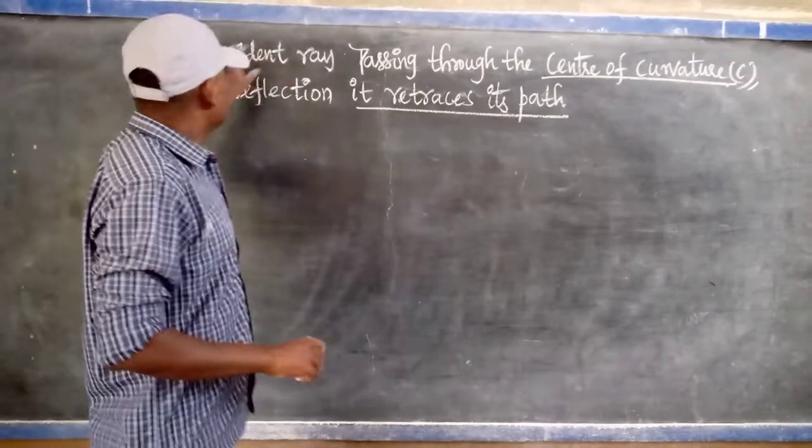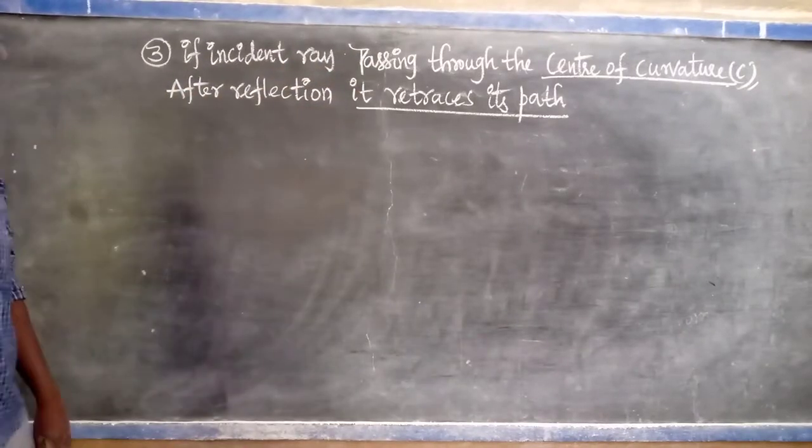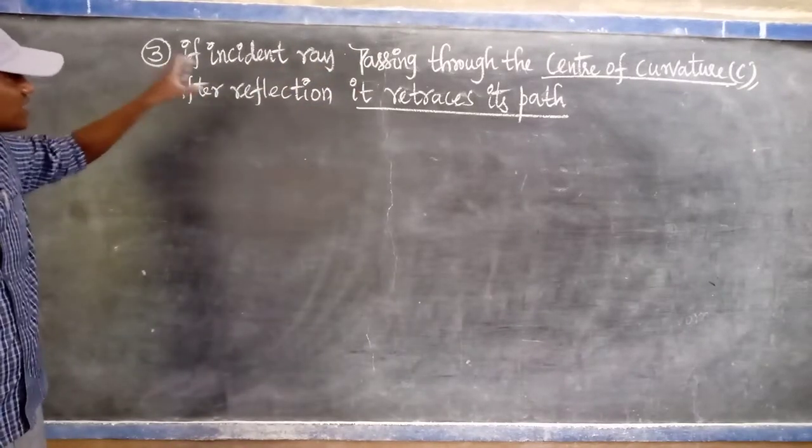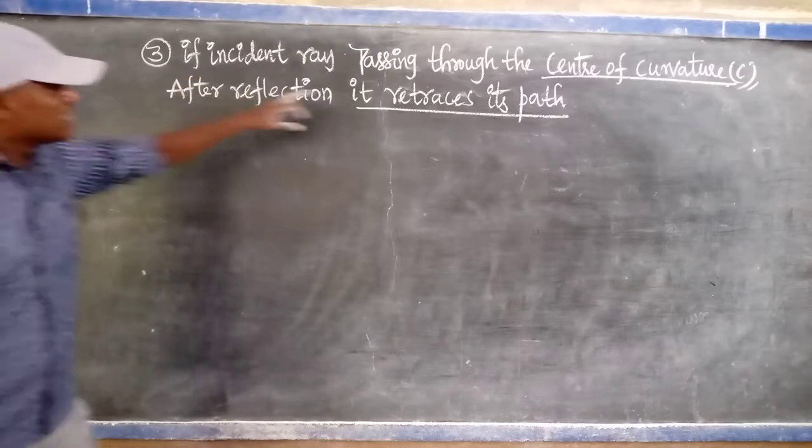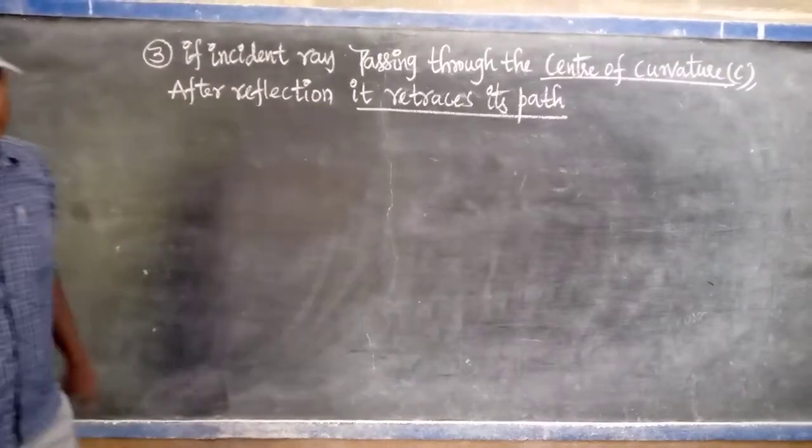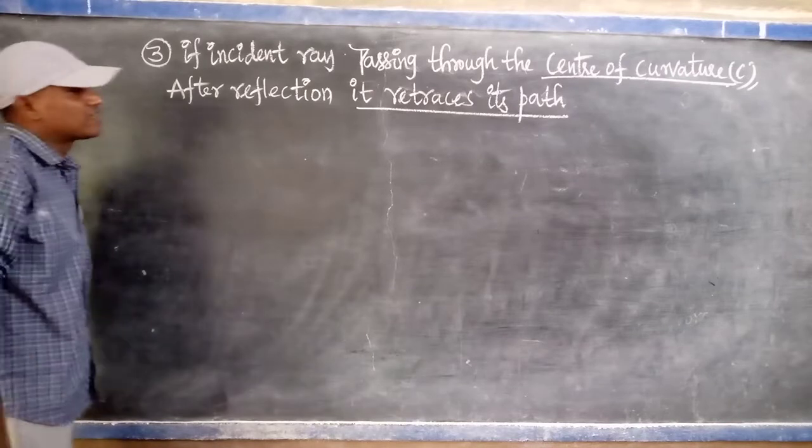So listen, if the incident ray passes through the center of curvature, which is nothing but C, after the reflection, the reflected ray retraces its path, meaning it comes back along the same incident path only.